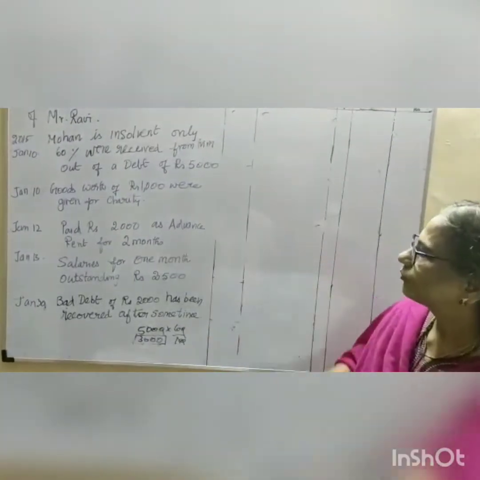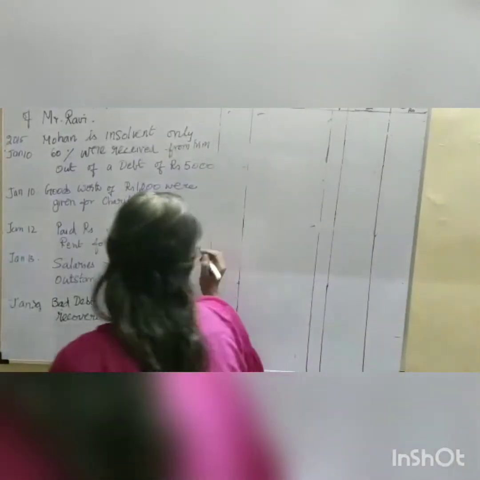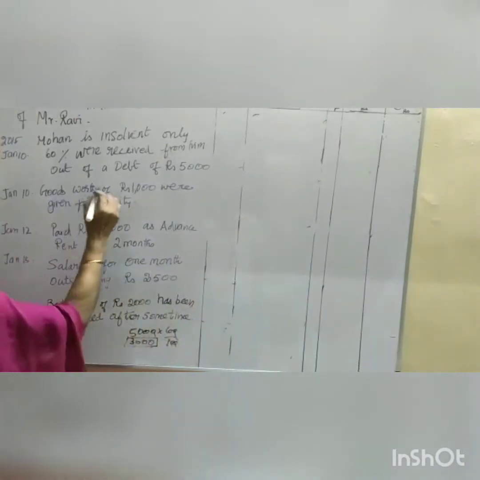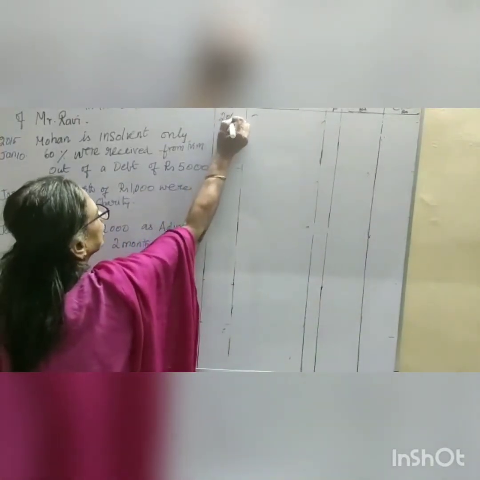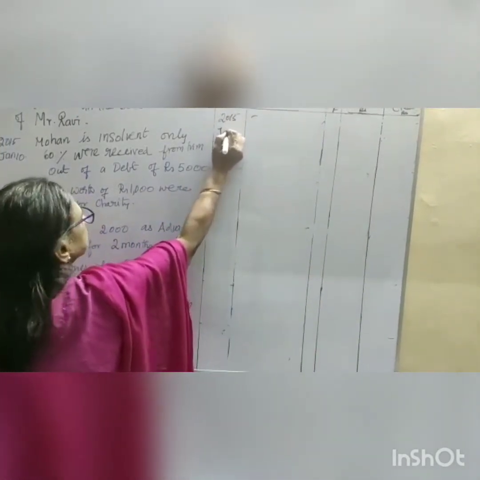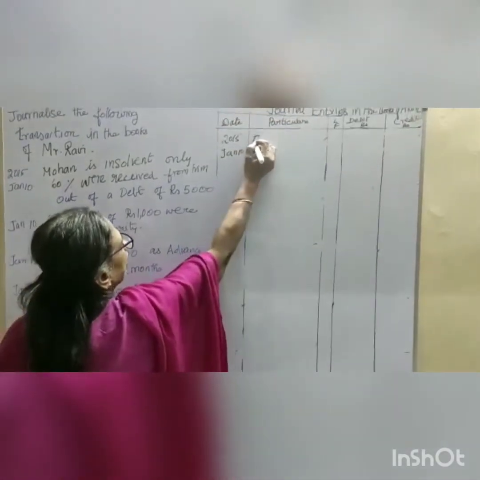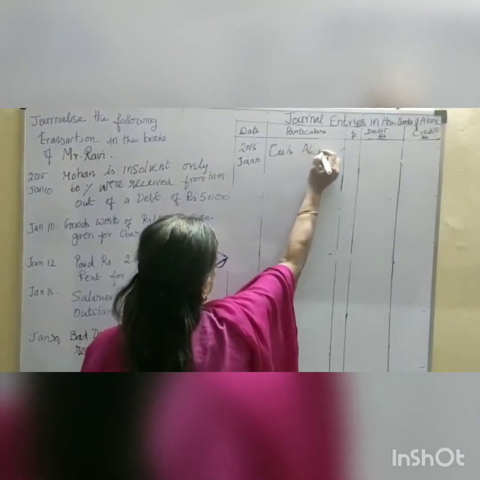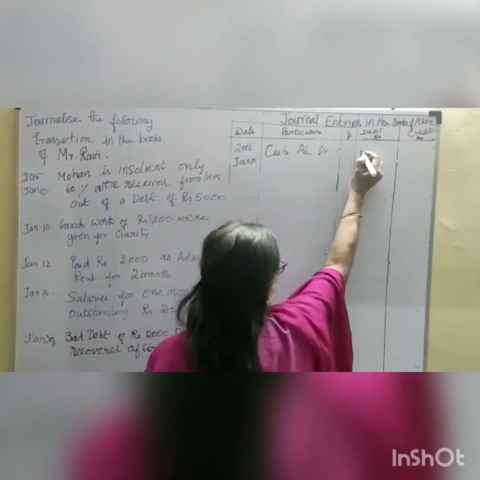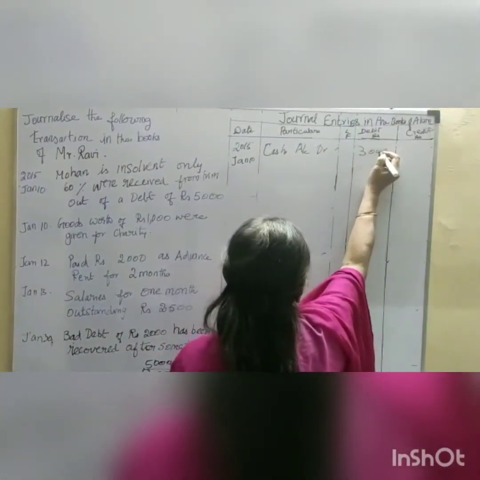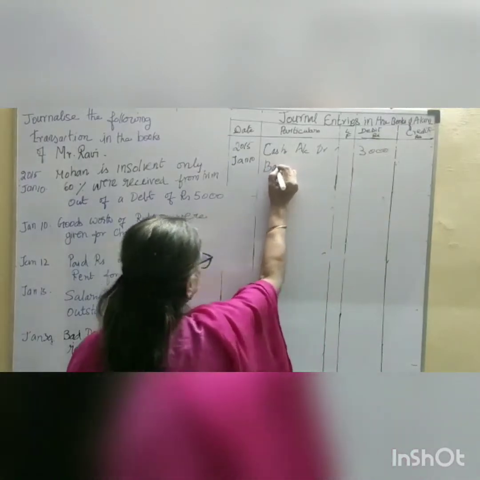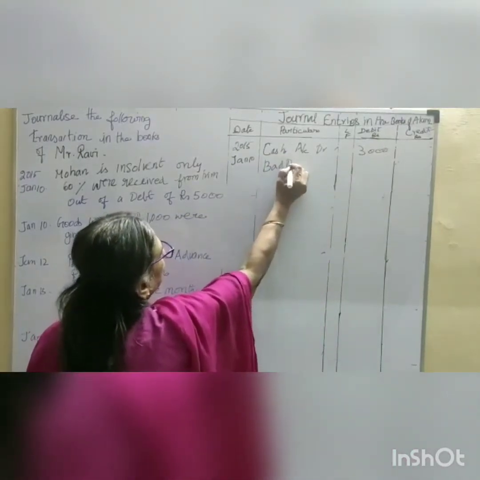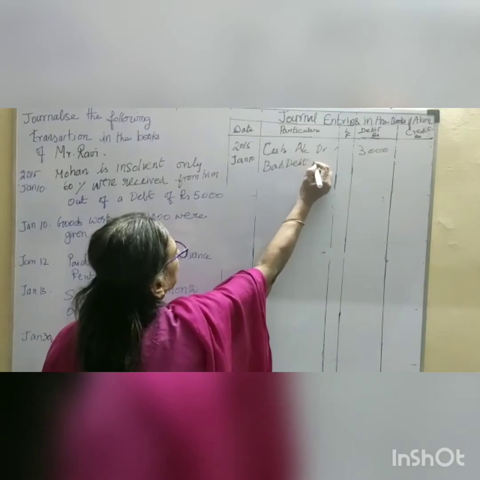Now let us see what will be the journal entry. So cash account is the receiver of the money. Who is the receiver of the benefit here? Cash account. This is January 10th. So cash account debited with 3,000 rupees, and the amount which is not recovered comes under the bad debt account.